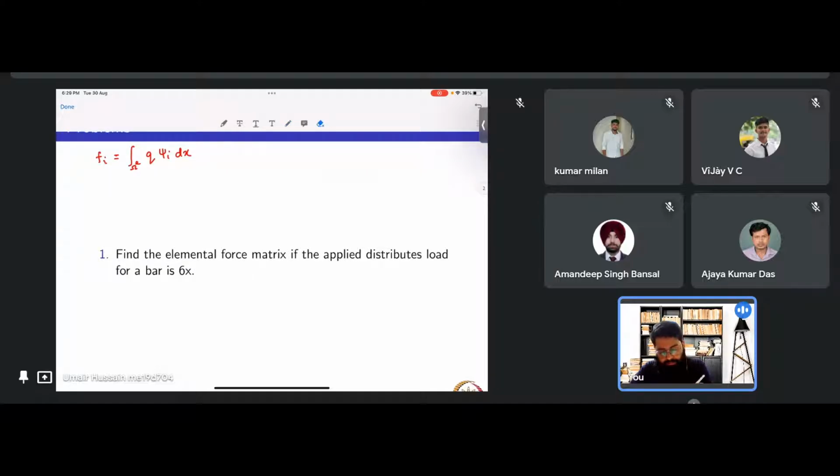Elemental force matrix. We know this value of q here, that is 6x. So can someone tell me what are the shape functions we are going to use? We'll take them for a linear element. So what should be psi 1 and what should be psi 2? Can someone tell me?